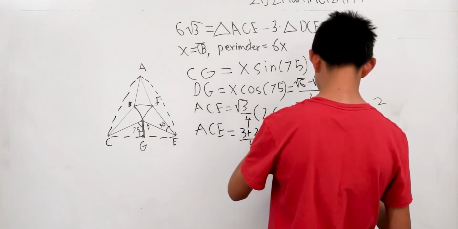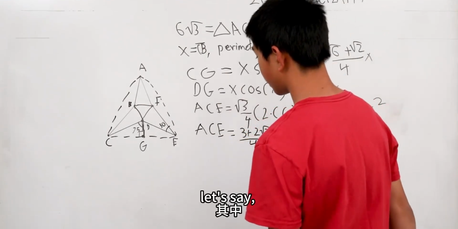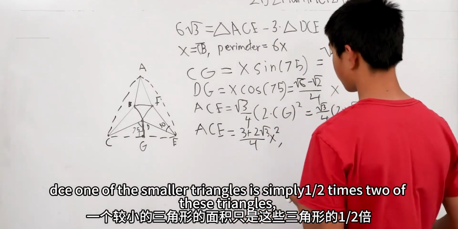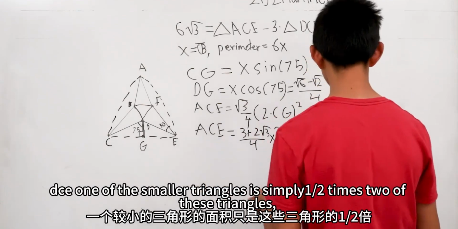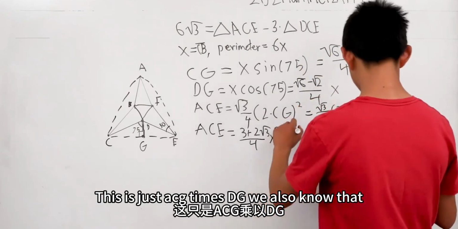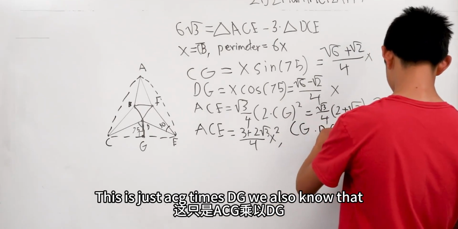So the area of, let's say, DCE, one of the smaller triangles, is simply 1/2 times 2 of these triangles, which cancels out. So this is just CG times DG.